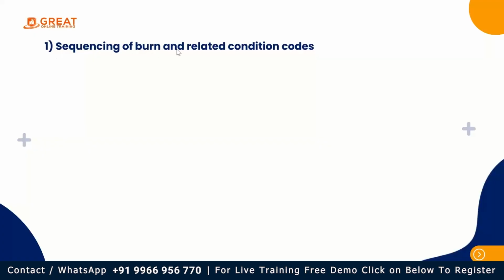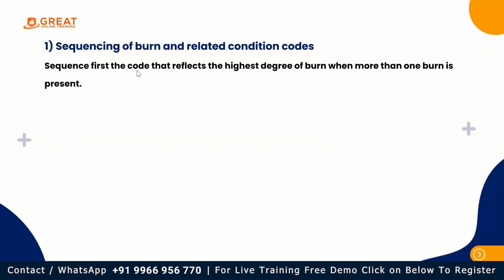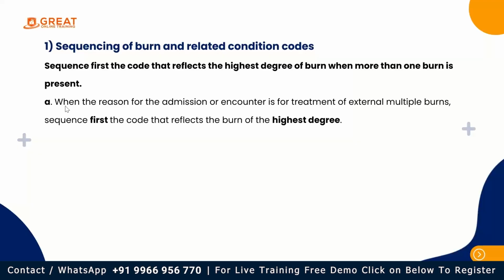Sequencing of burn and related condition codes. Sequence first the code that reflects the highest degree of burn when more than one burn is present. Which is the highest degree? Third degree. So when the reason for admission or encounter is for treatment of multiple external burns, sequence first the code that reflects the burn of the highest degree.